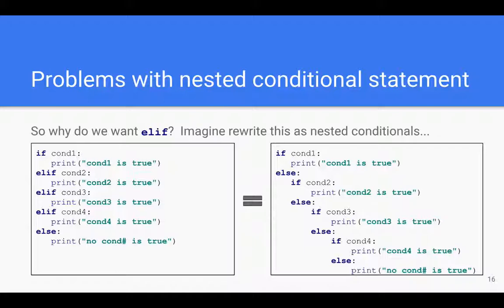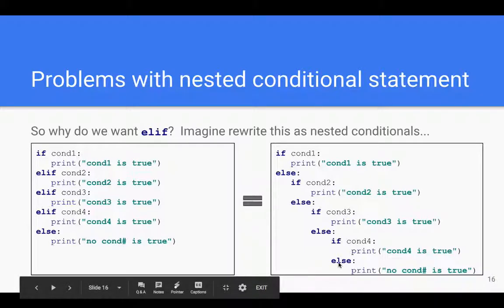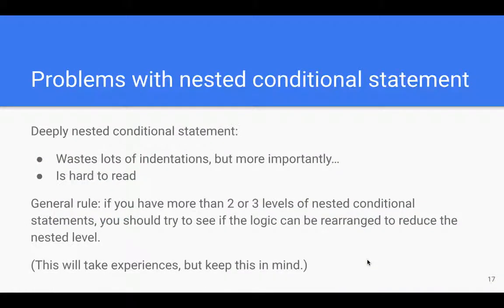That's one bad thing about it. And the other bad thing is, at some point, you're going to lose track of how many indentation levels you have for the line because it's so deeply nested. So deeply nested conditional statements are very hard to read, especially when your code gets more complicated.